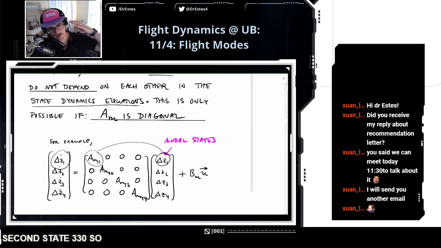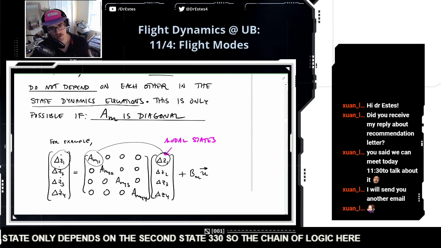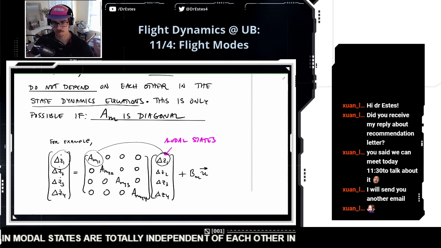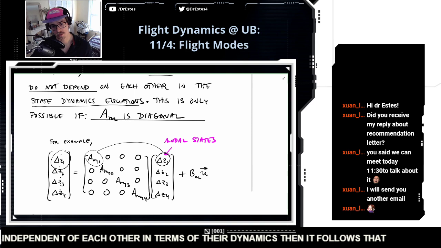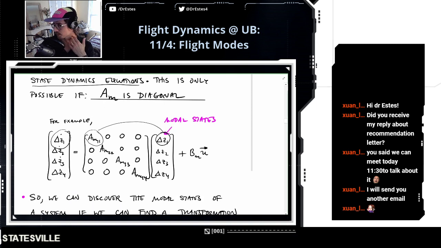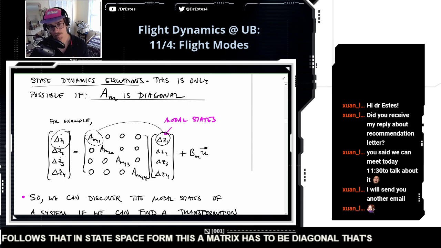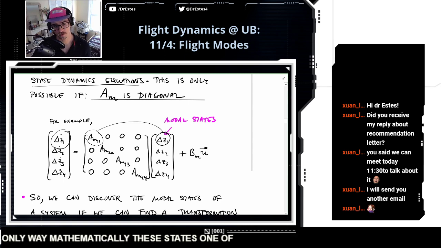So the chain of logic here is that modal states are totally independent of each other in terms of their dynamics. Then it follows that in state space form, this A matrix has to be diagonal. That's the only way mathematically these states won't affect each other.